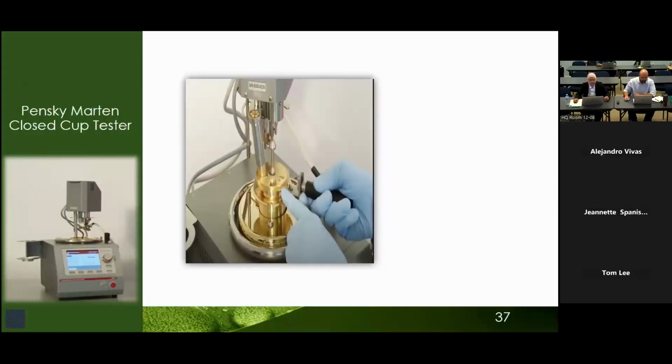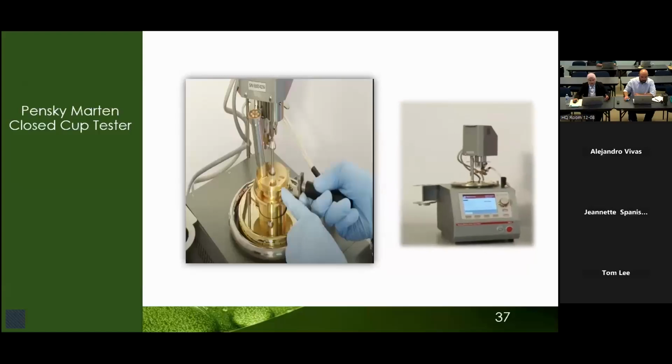As I mentioned earlier, this was a demonstration of the Pensky-Martens closed cup tester, which was first created by a German scientist, Mr. Berthold Pensky. So this instrument is named after its founder. This device was groundbreaking at that time because it allowed for precise measurement of a liquid's flash point.